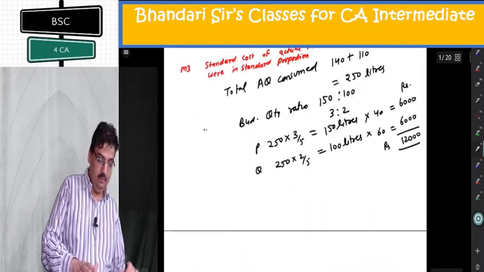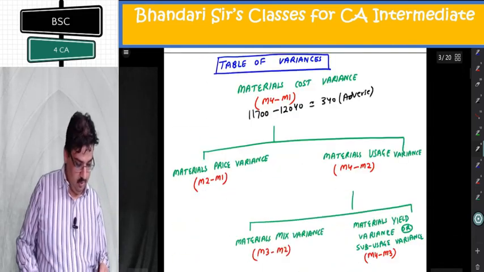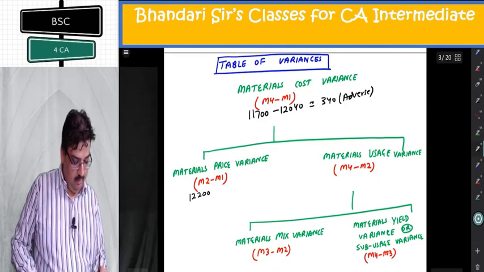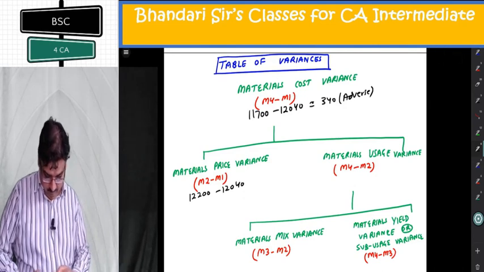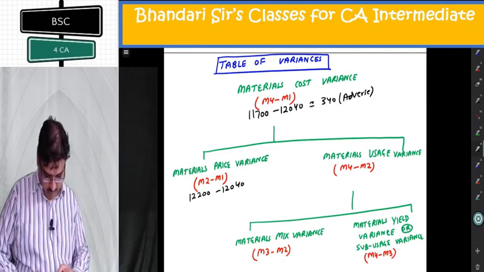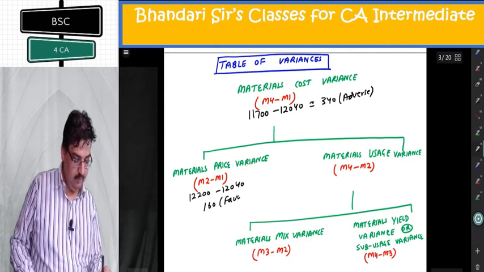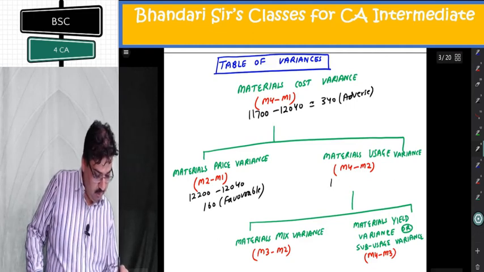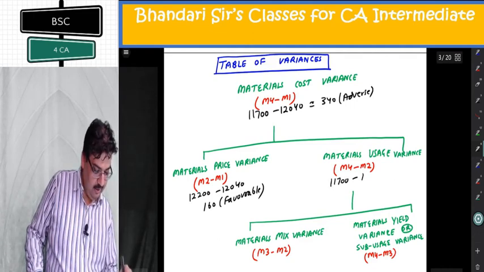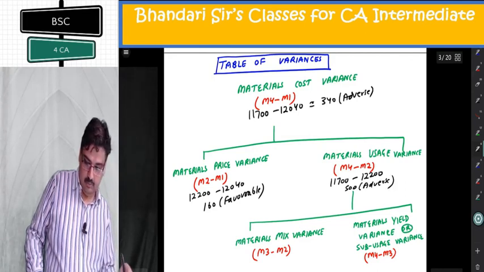Then M2, 12,200. 12,200 minus 12,040, 160 favorable. M4 was 11,700 minus 12,200, 500 adverse.